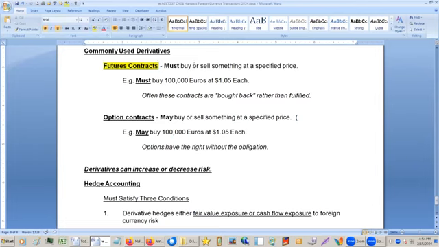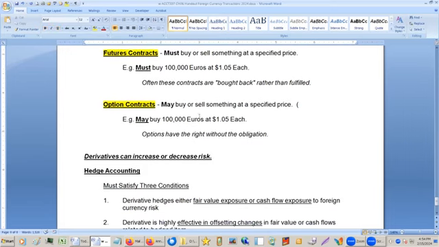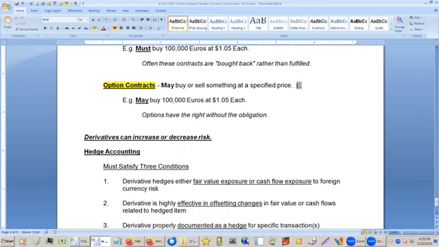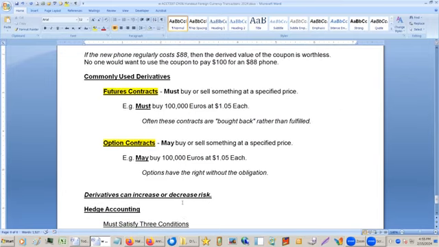Future contracts, they must buy or sell something. So you must buy 100,000 euros at $1.05 each. Option contracts are that you may buy. You may use the option or not. So option contracts, this is the right to buy without the obligation.